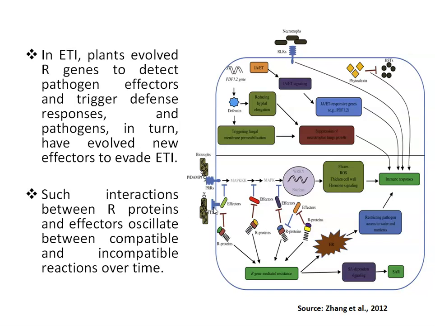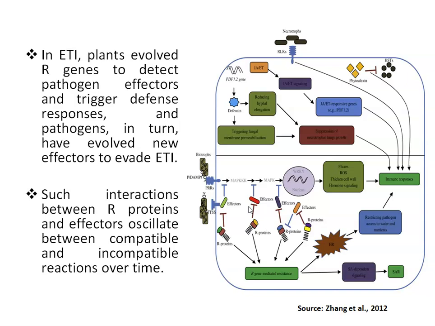Here, plants evolved R genes to detect pathogen effectors and trigger defense responses, and pathogens in turn have evolved new effectors to evade the second tier of defense. Now, these are R proteins and these are effectors. The interaction between R proteins and effectors oscillates between compatible and incompatible reactions over time.